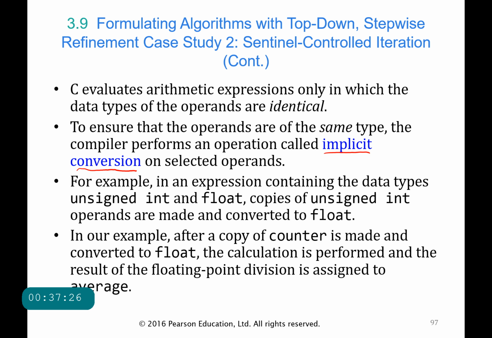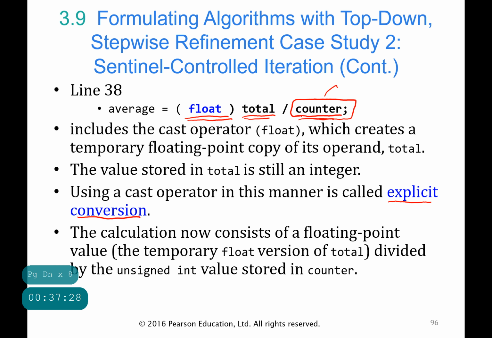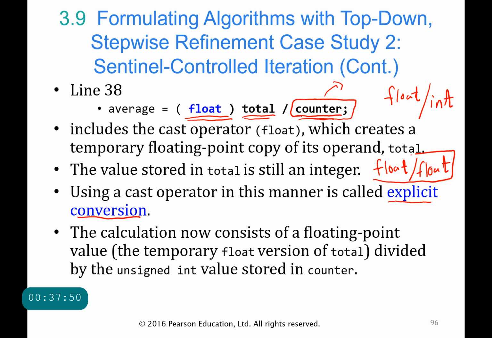Even though you're not asking the compiler to convert this variable, because C cannot do this type of operation, it will automatically convert the denominator variable into a floating point number as well. Both of these will be converted into floats, and then it will give you a result in a floating point number as well. This is something you need to remember, and it's quite important.